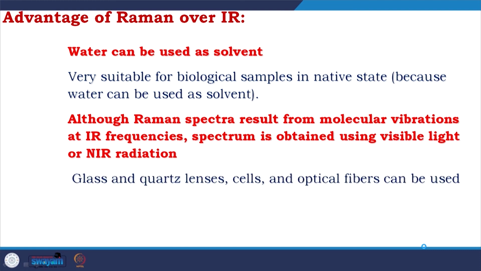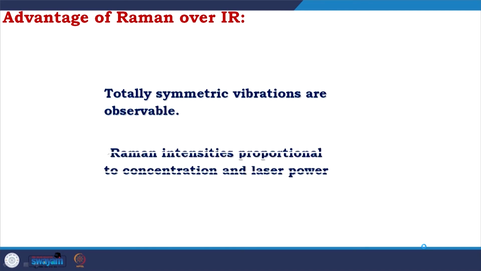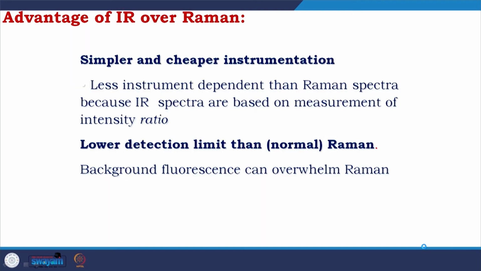Glass and quartz lenses, cells and optical fibers can be used, and standard detectors can be used. Those are the advantages of Raman. Totally symmetric vibrations are observable. Raman intensity is proportional to concentration and laser power, so it is easy to calculate.